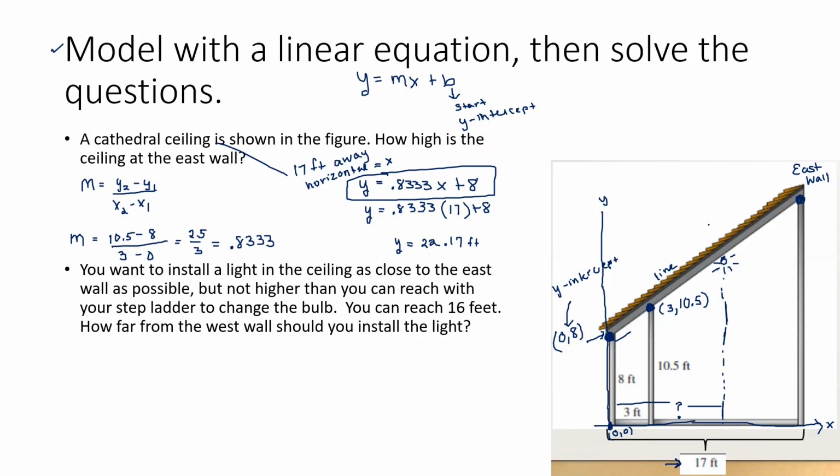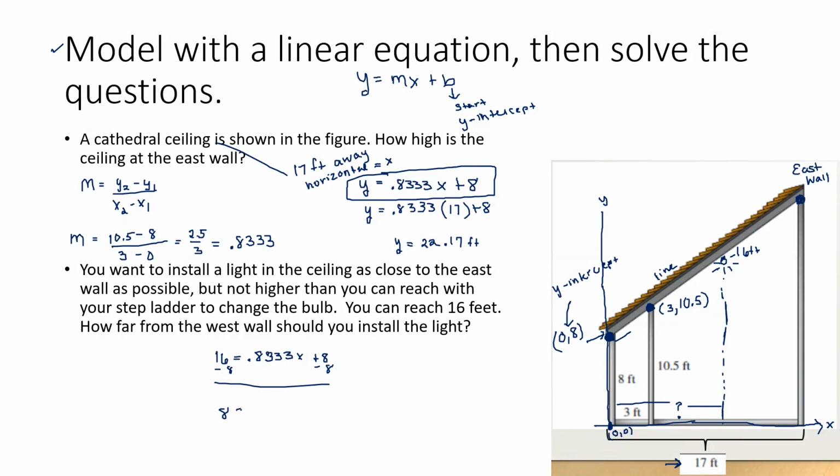Well, so we said our light bulb has height here of 16 feet. Well, height is always a y value because it's vertical. So if I take my formula and I know that the y value is 16, I can put that in for the y. And then I put the rest of my formula. And then I just have a couple steps of algebra, and I can figure this out. So I'll subtract 8 on both sides.